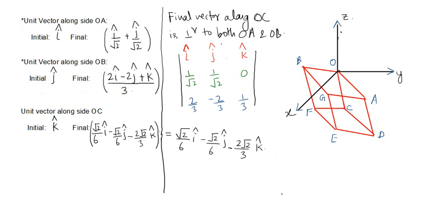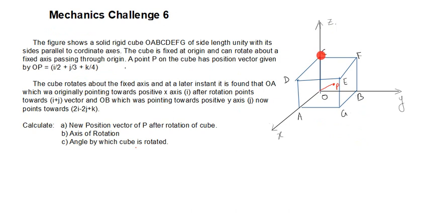Now can I find the unit vector alongside OC? Because these directions of OA and OB were given in the problem. Now I know that in the original diagram OC is along the Z axis, so OC is perpendicular to OA as well as OB. So OC was nothing but OA cross OB.